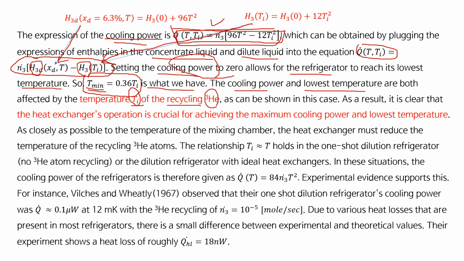So Ti is the temperature of helium-3 in the concentrated liquid, that is, the actual temperature of helium-3 recycling to the mixing chamber, as can be shown in this case.